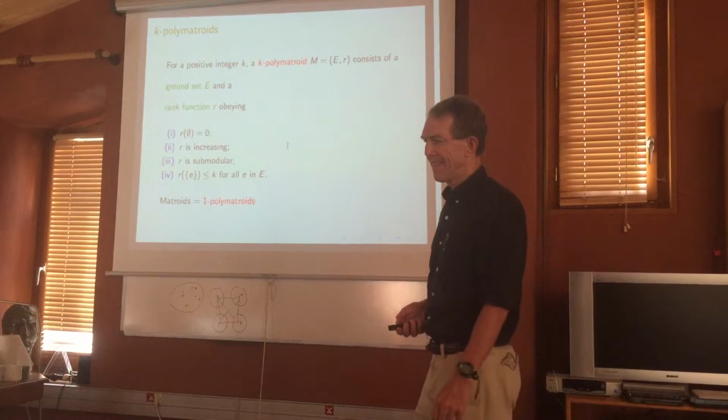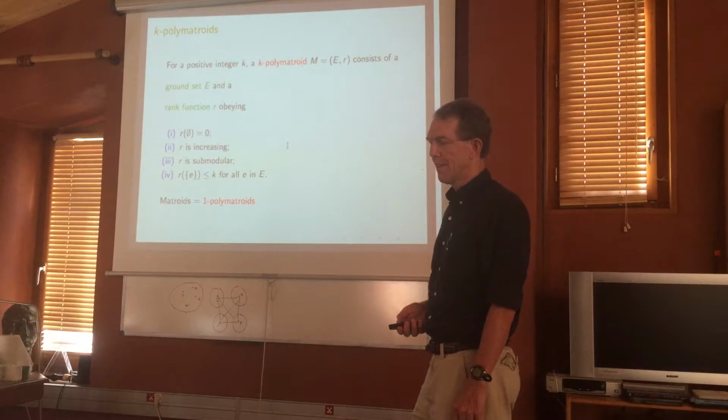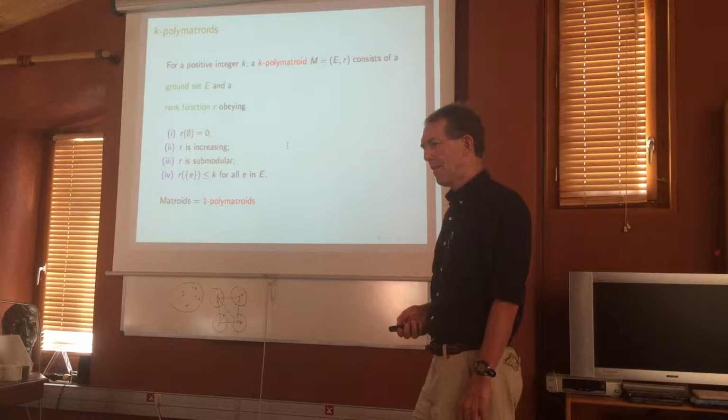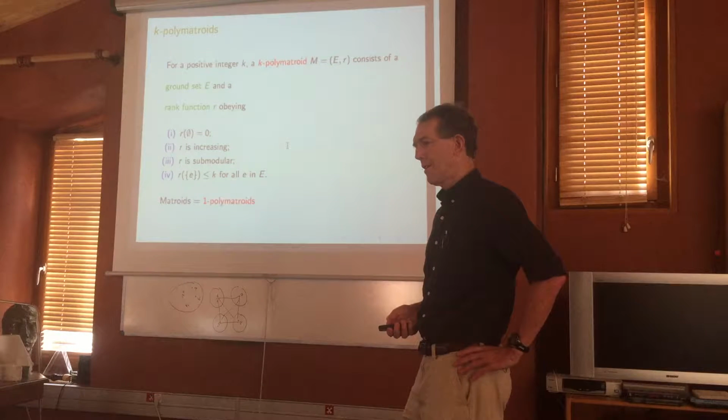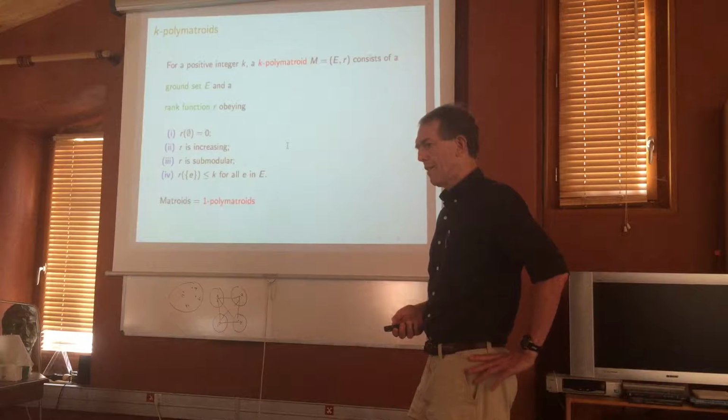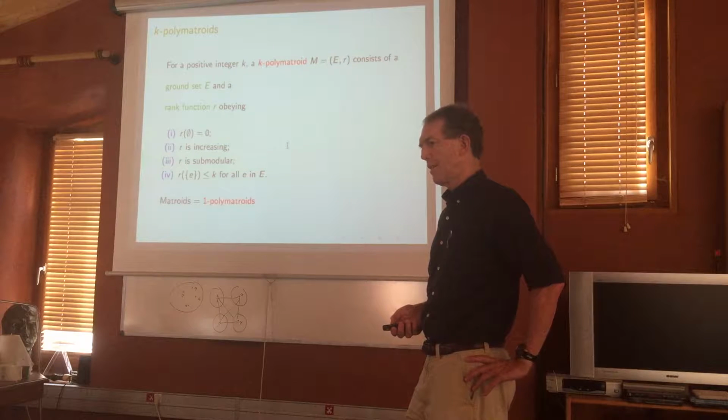If you consider a finite abelian p-group, and then you consider the subgroups of the abelian group, and then you consider the rank to be the power of the exponent of p, would you find a polymatroid?